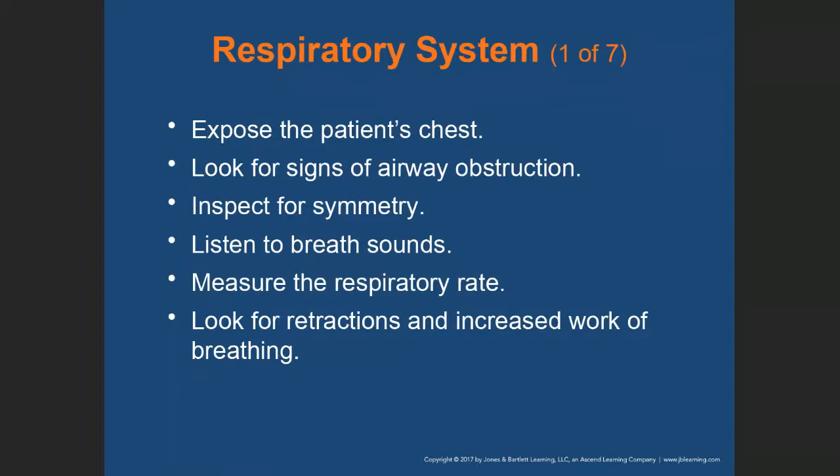So let's look at the respiratory system. How do we systematically assess the respiratory system? You expose the chest, you look for signs of airway obstruction, inspect for symmetry. Does the right side of the chest look like the left side of the chest? You listen for breath sounds. Apex, left and right, base, left and right, that's mid-axillary, and the same at the back. Apex, mid, and base.